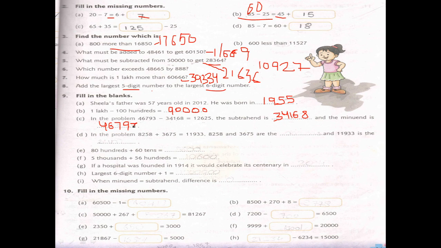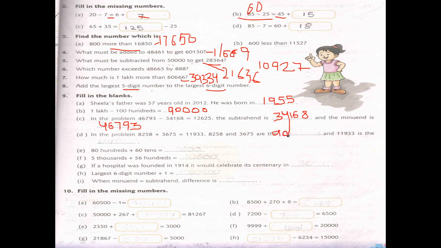Okay. So now in question number D. In the problem 8,258 plus 3,675, that is equal to 11,933. 8,258 and 3,675 are addends. What are they? Addends.